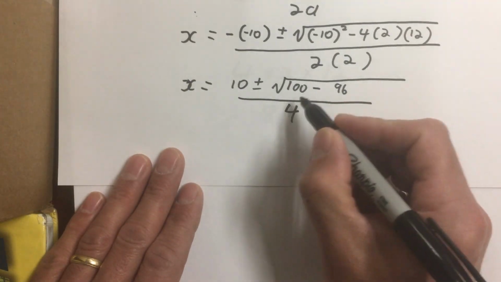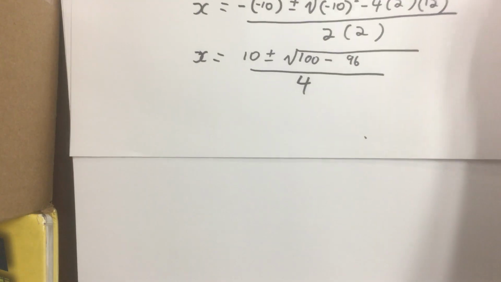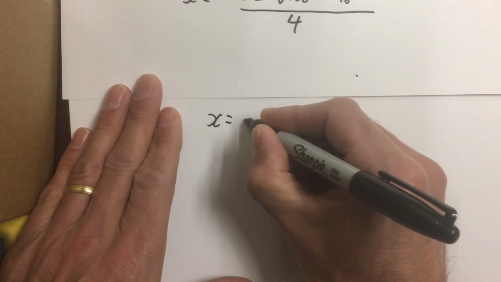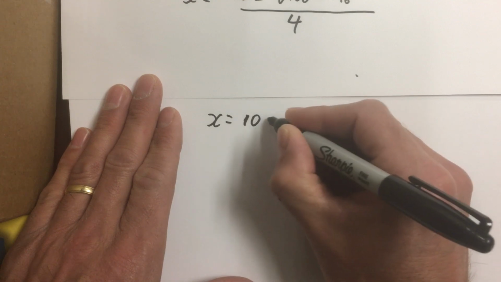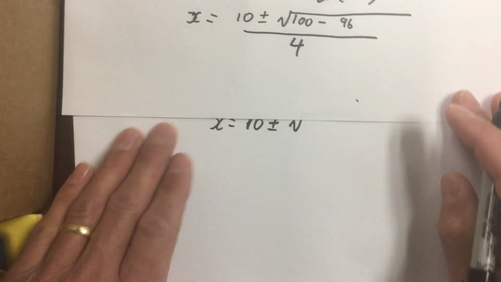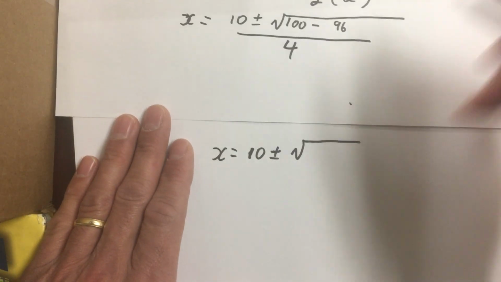Now I'm going to work on these two numbers. So I've got x is equal to 10, it's now positive 10, plus or minus the square root of 100 minus 96. 100 minus 96 is 4.